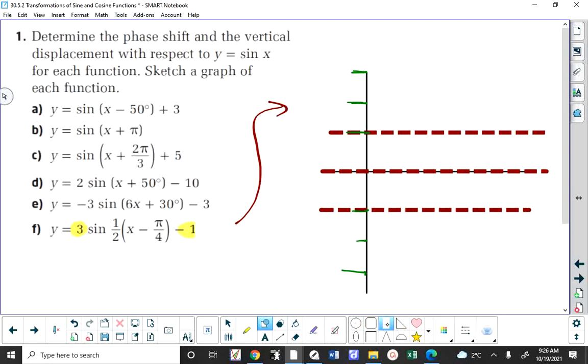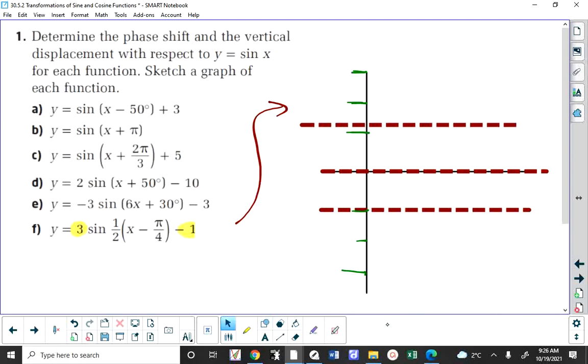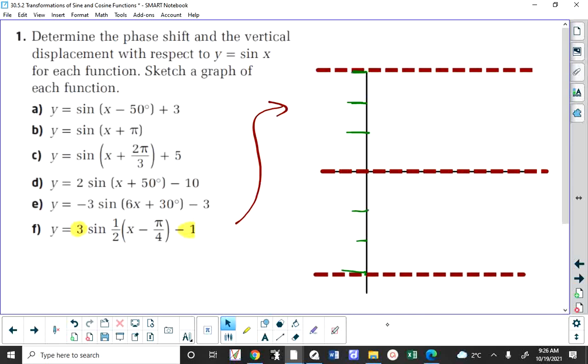Let's imagine it's -1. So this A value of 3 vertically stretches things by a factor of 3, which changes the maximum and minimum values of the function to 3 and -3. It stretches it vertically by 3. The amplitude is 3.